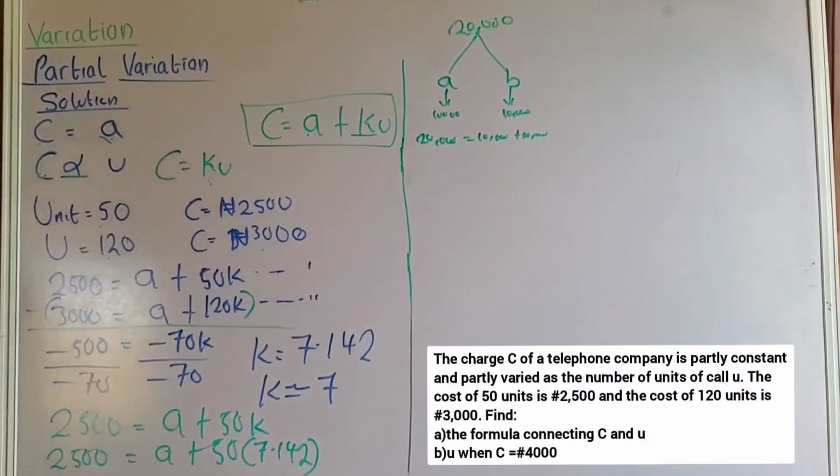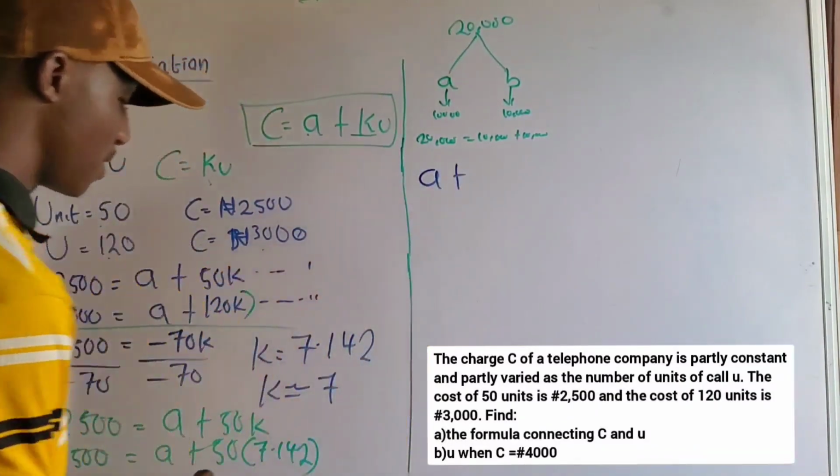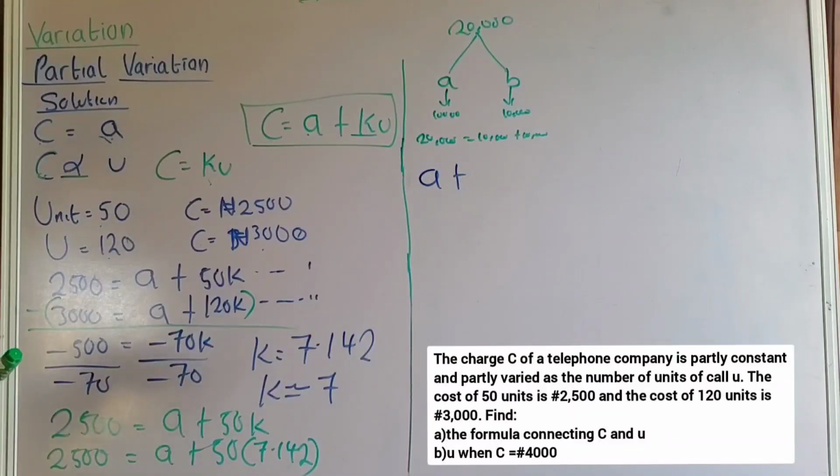Now, from this point, just make A the subject of the formula. 50 multiplied by 7.142 is 357.1.